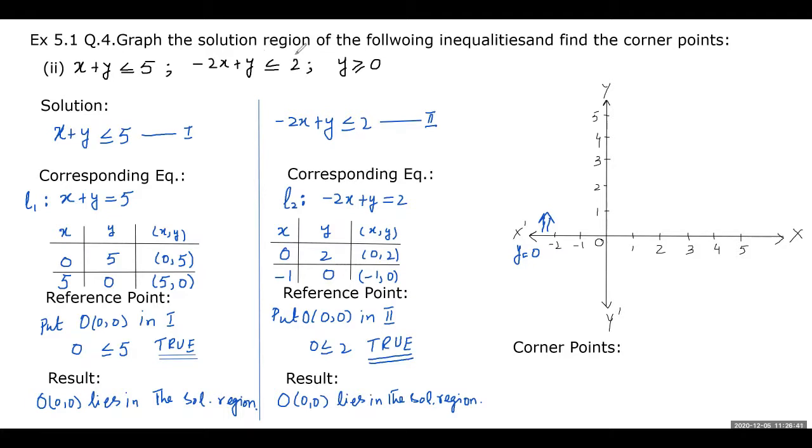After this, we draw the graph of x plus y is less than or equal to 5. I'm going to draw its graph in maroon color. And here it is. The points are (0, 5) and (5, 0). X equals to 0, y equals to 5. X equals to 5, y equals to 0. And join the two with the help of a straight line. And you will get this.